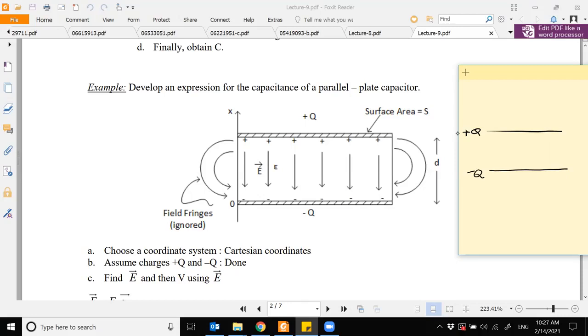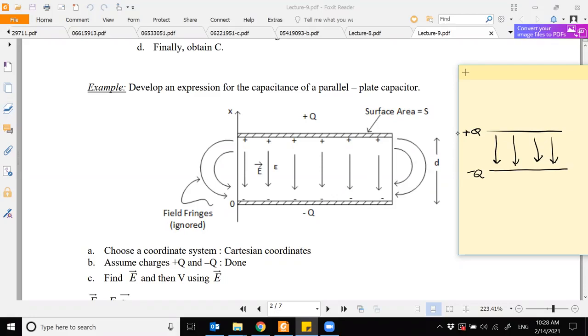Then you remember? So the field will only exist between the two plates, and it will be pointing away from the positively charged plate and towards the negatively charged plate. Remember, we did this example. So there will not be any field existing here.